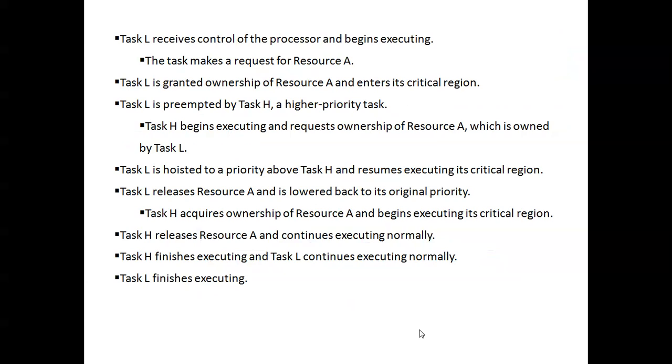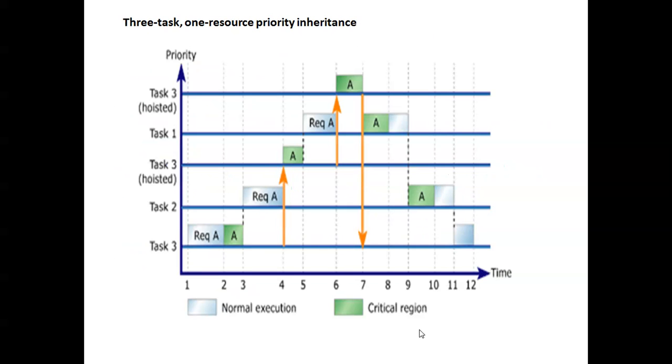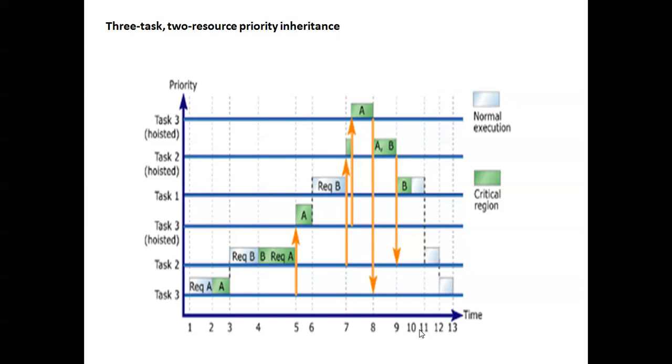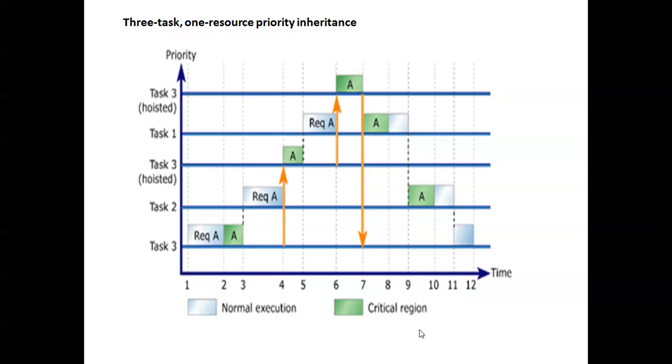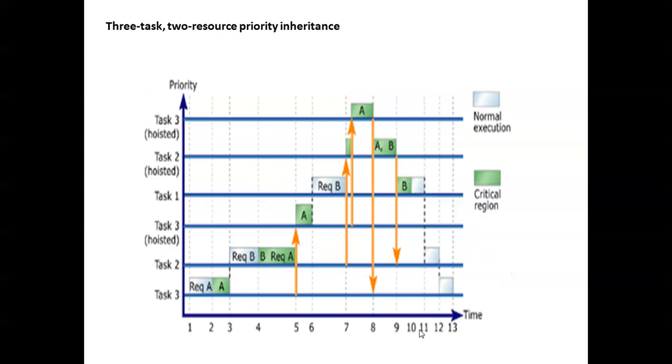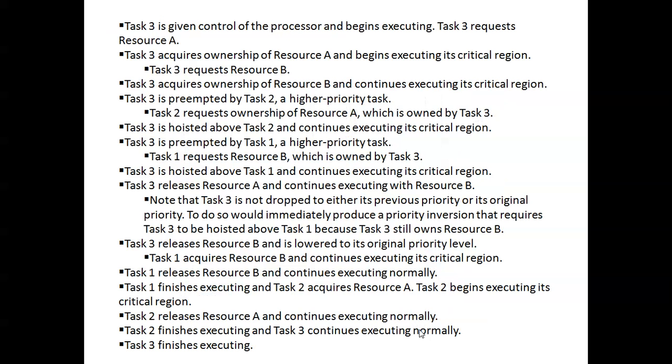So this is the three task, one resource priority inheritance diagram. How the three tasks and one resource priority inheritance works is shown in the picture, and similarly three tasks, two resources priority inheritance. The previous one is three tasks, one resource, and this one is three tasks, two resources priority inheritance.